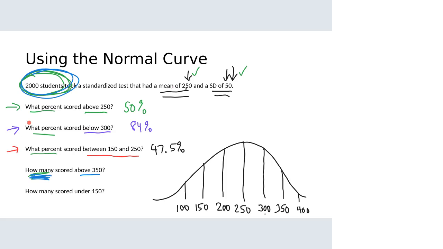This says how many, and so what I need to find is 2.5% of the 2,000 students that took the test. So we have to do all the same things we did before. There's just one more step thrown in at the end. I need to find 2.5% of 2,000 to find the actual number.